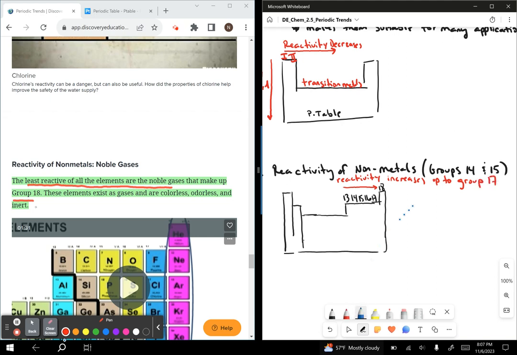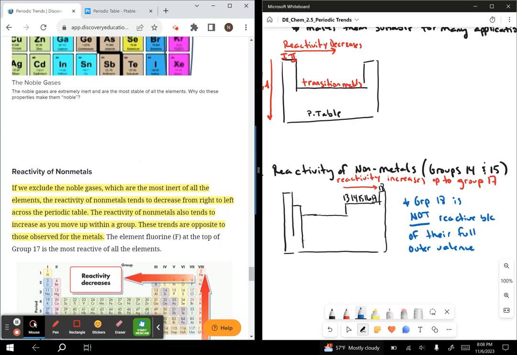Let's put a little star here. Group 18 is not reactive because of their full outer valence, right? They have the maximum number of electrons in their outer valence, so they're not very reactive.